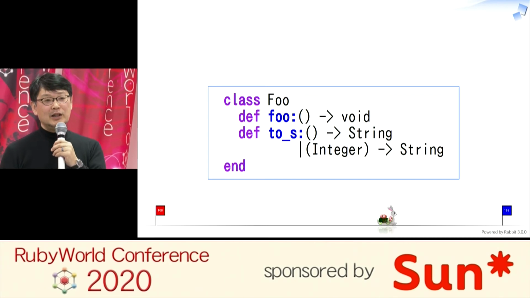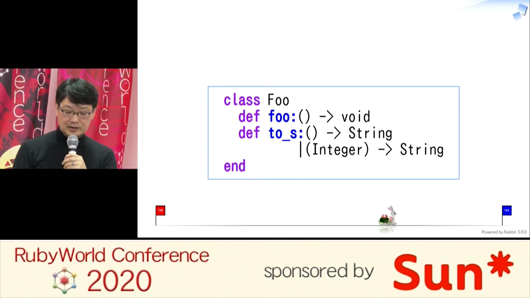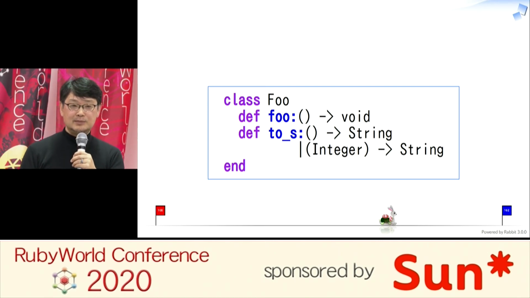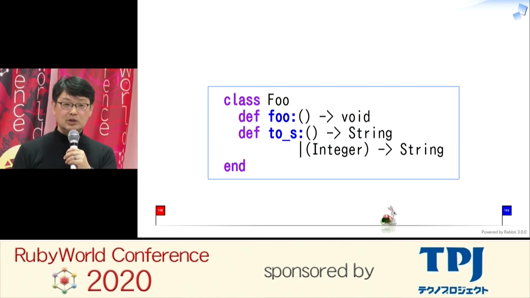RBS is the basic language to declare types for Ruby programs. There is a class Foo, and without functions, we may be able to end the computations. And there might be some integers.